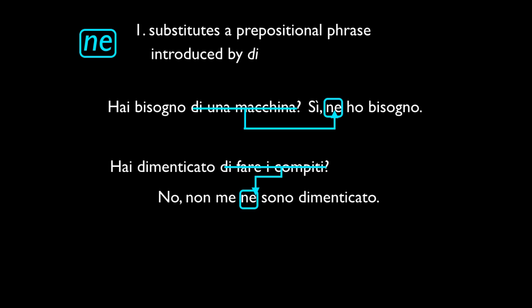There are specific rules that govern that. If it's a mi, it's going to change to me. If it's a ti, it's going to change to te, and so forth. And that's a whole other topic in itself, so let's stay focused on ne. I just wanted to make note of that because you're going to see it throughout.